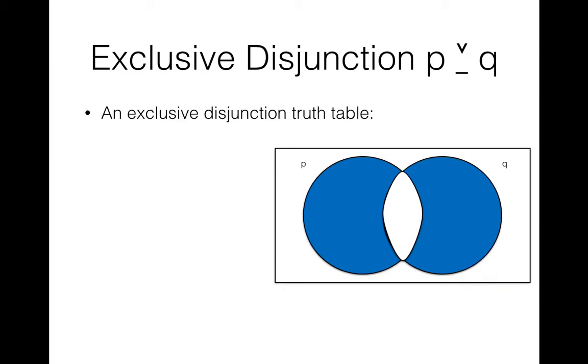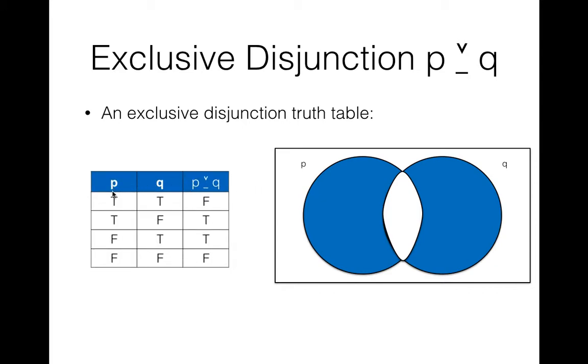Looking at an exclusive disjunction truth table then, if P is true and Q is true, then the exclusive disjunction between P and Q must be false, because we know we can't have both of them true at the same time. That's this middle section here. If P is true but Q is false, then that's fine.